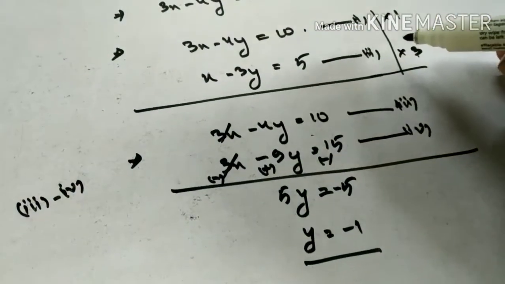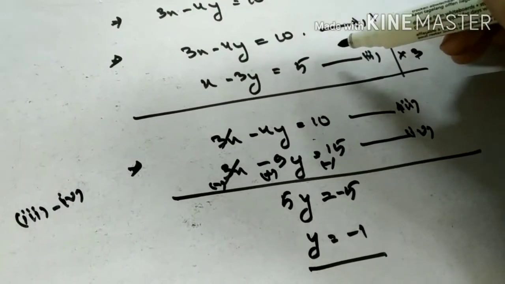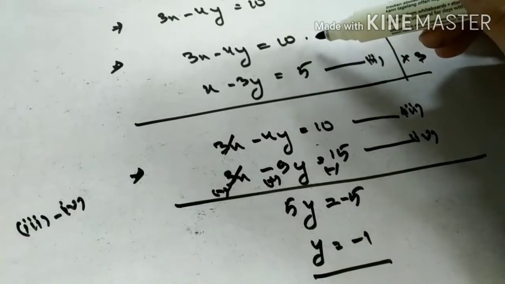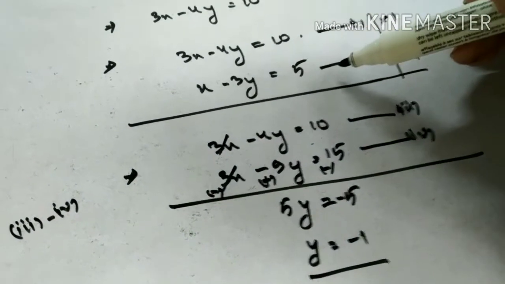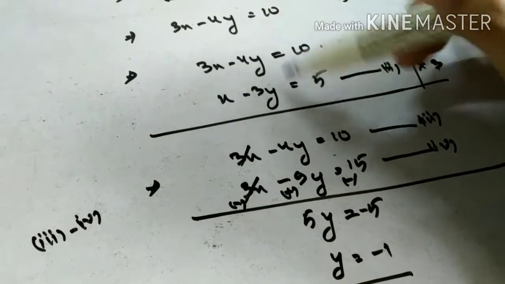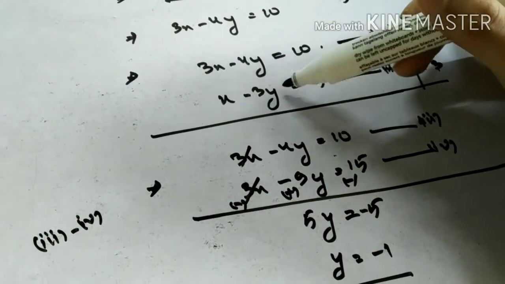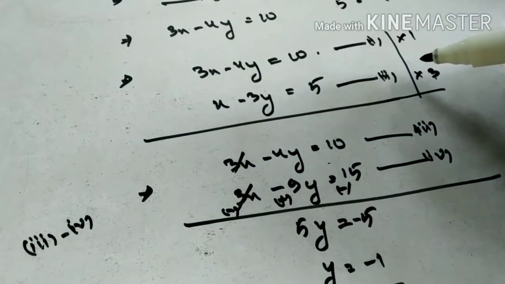This is solving two linear equations. This is called solving two equations which have two variables and are linear by the elimination method.